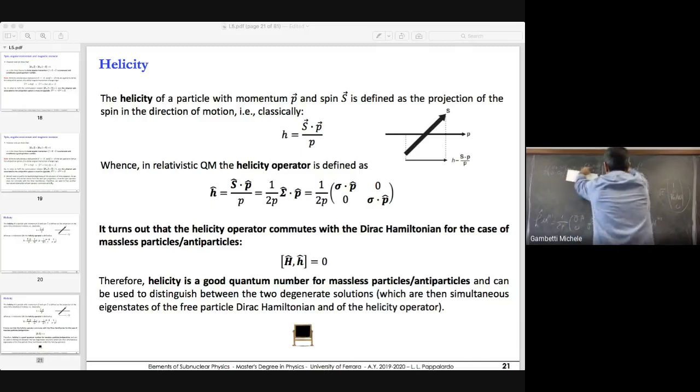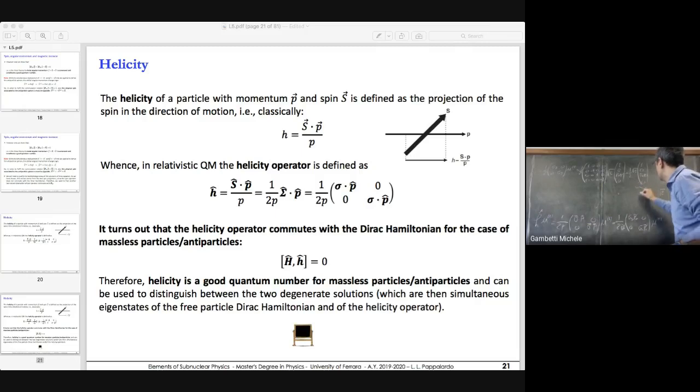Then we have 0 that multiplies 0 plus 0 plus 0 plus 0. Then we have 0 plus 0 plus Pz over E plus 0, and then 0 plus 0 plus 0 plus 0. But this is nothing else than our spinor. So we obtain plus 1/2 U1.